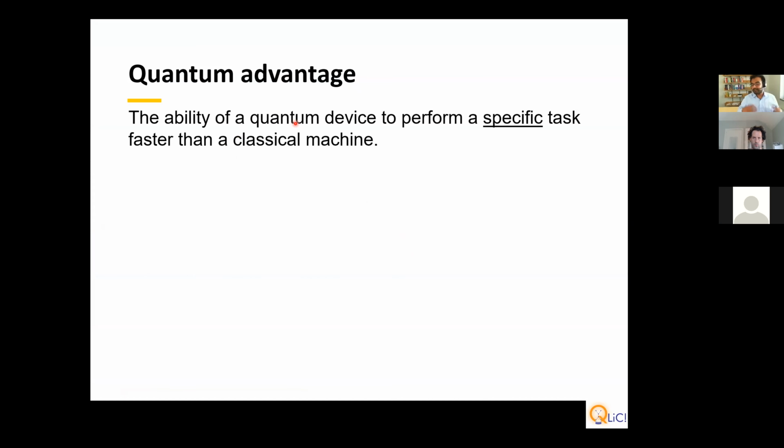It can consist of several quantum systems, built to perform a specific task, and it should be able to perform this task faster than its classical counterpart would.